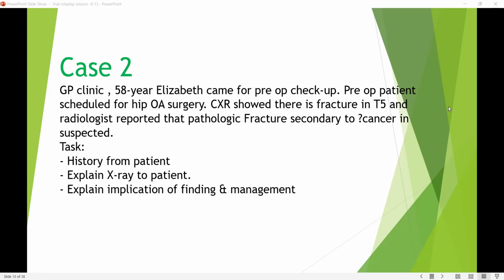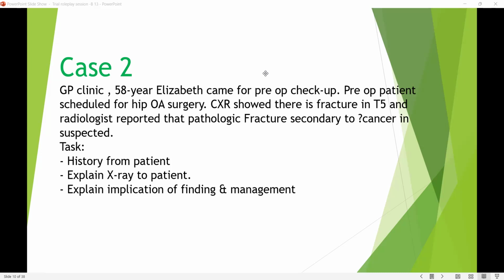Okay. I have seen your X-ray, Elizabeth. We are suspecting some cancer type of thing on your X-ray, but we are not sure about that. What do you mean, doctor? Like we are suspecting some type of abnormal lesion in your X-ray.